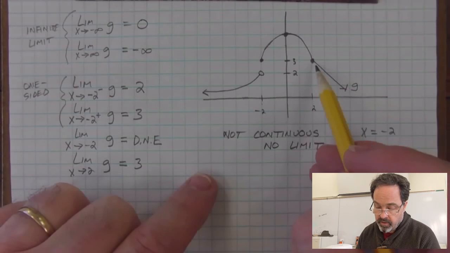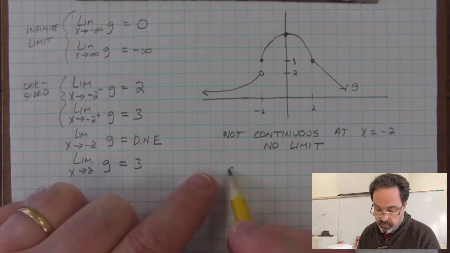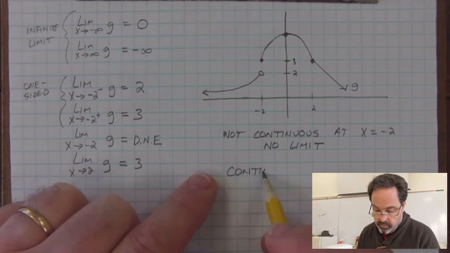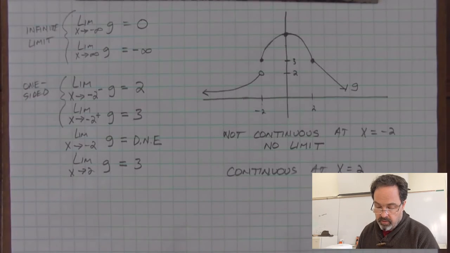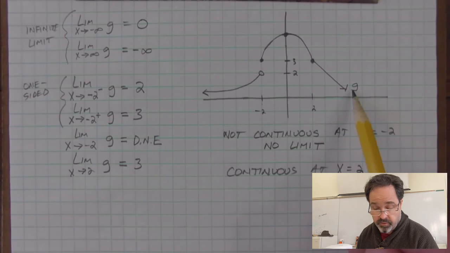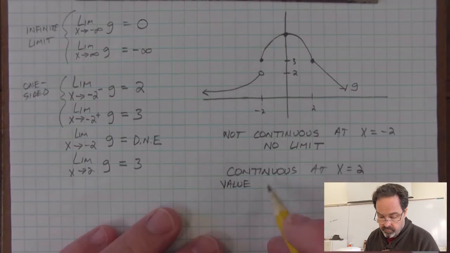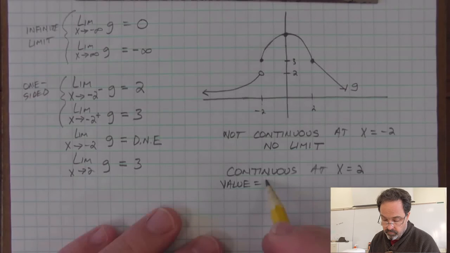To compare that, we could say it is continuous at 2. We don't have to lift our pencil to draw the function at 2, but formally it is continuous at 2 because the value at 2 exists and is equal to 3.